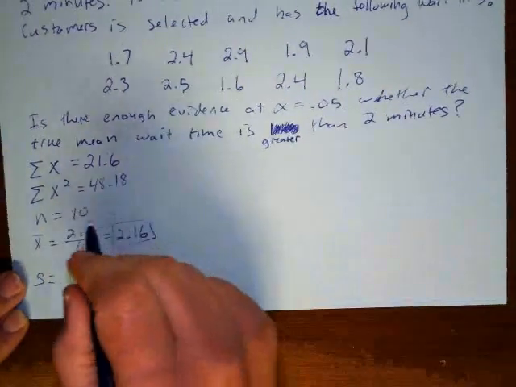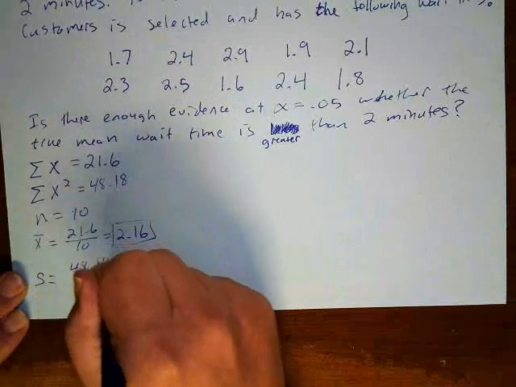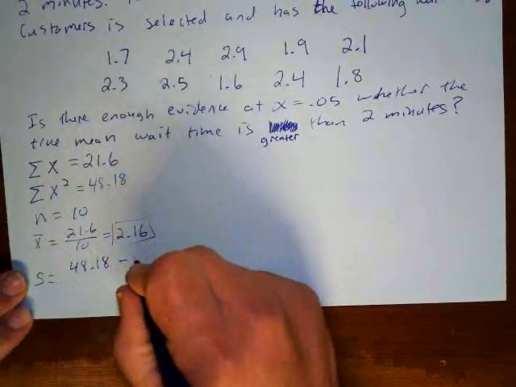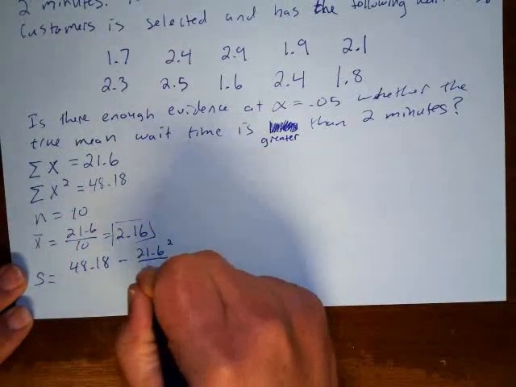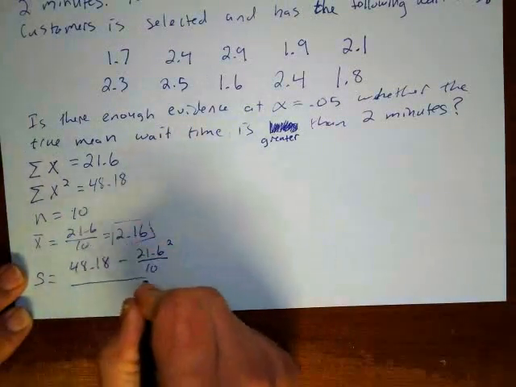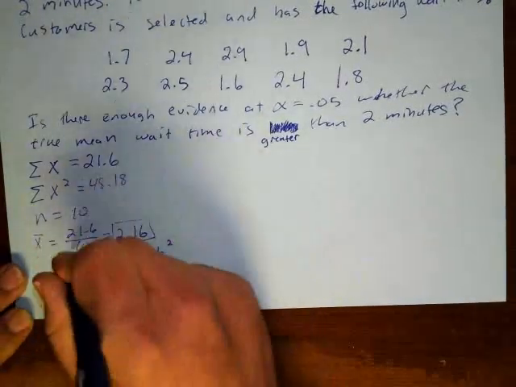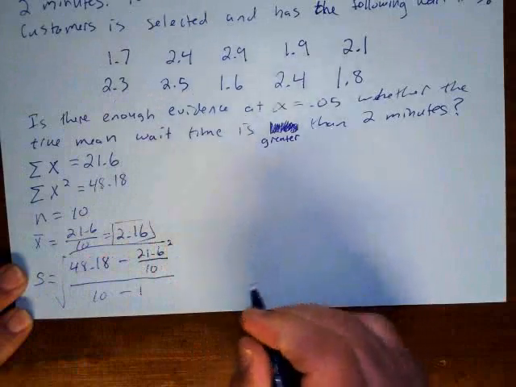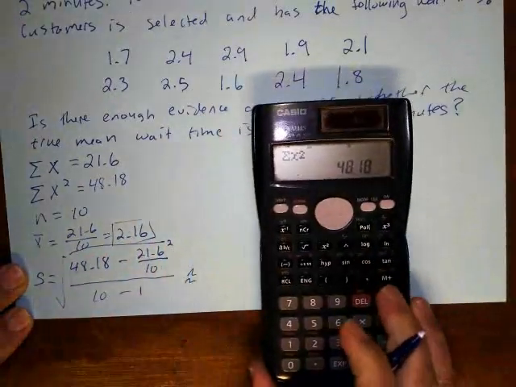Okay, so s, I'm going to take the sum of x squared minus the sum of x, that quantity squared divided by 10, all over 10 minus 1, and then I'm going to take the square root of that. So let's see what I get here.